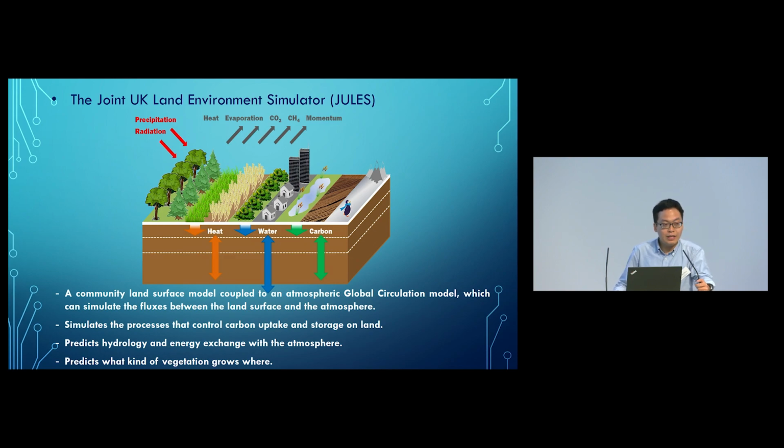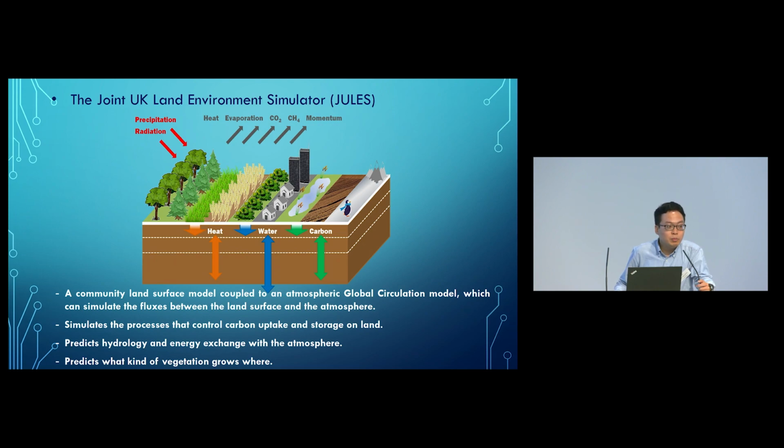It can simulate the fluxes, including heat, water, and carbon fluxes between the land and the near-surface atmosphere. It can simulate all the physical processes that control carbon uptake and storage on land, and it also predicts hydrology and other energy exchanges within the atmosphere.